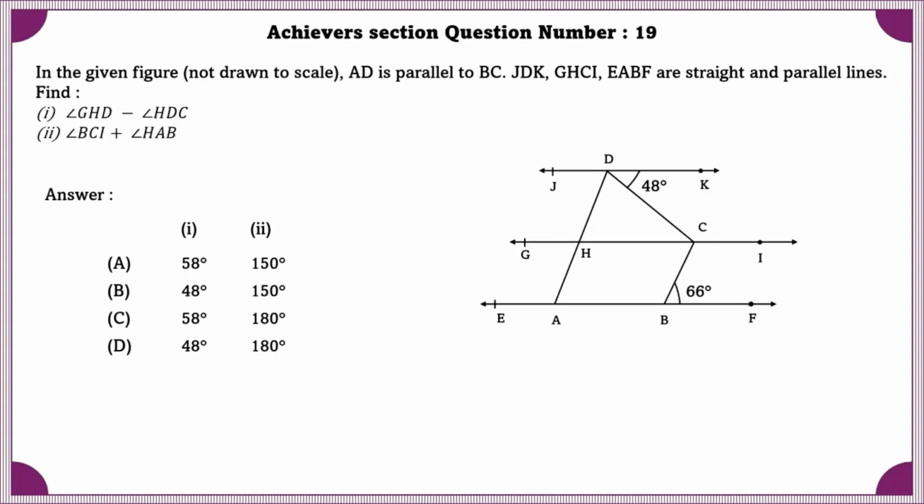Achiever section question number 19. In the given figure not drawn to scale, AD is parallel to BC, JDK, GHCI, EABF are straight lines and parallel lines. Find 1. Angle GHD minus angle HDC, 2. Angle BCI plus angle HAB.